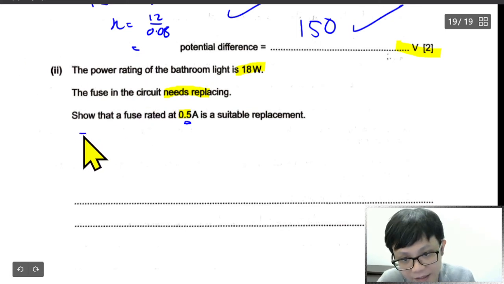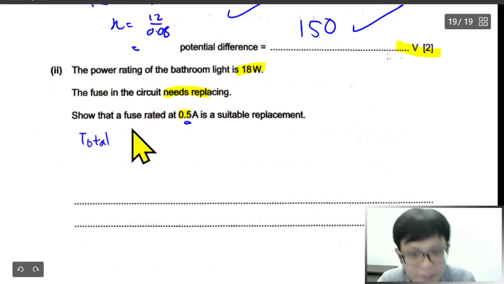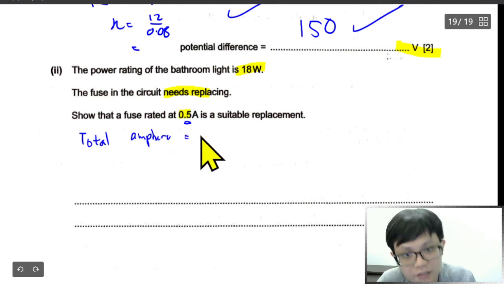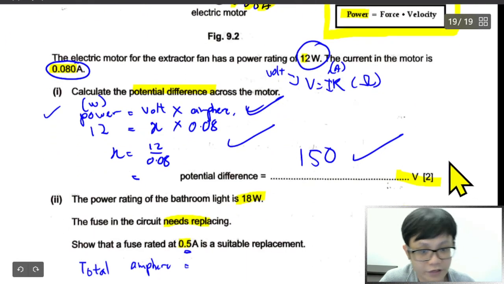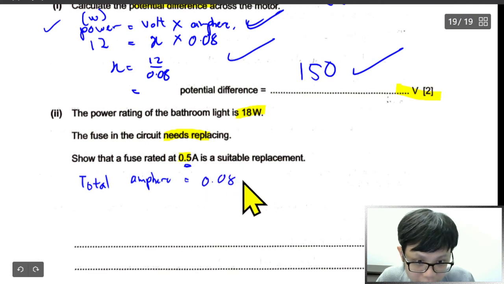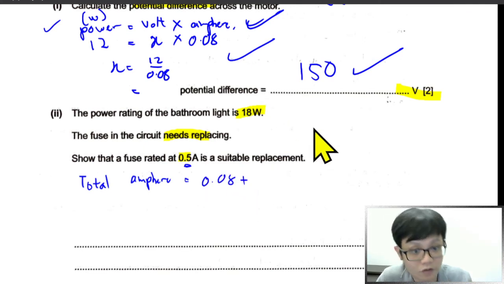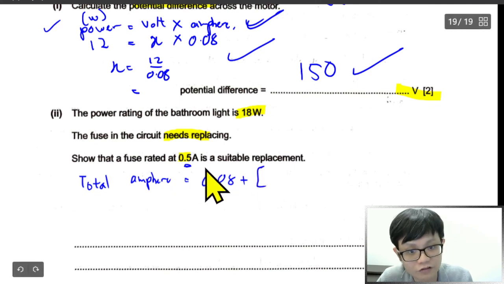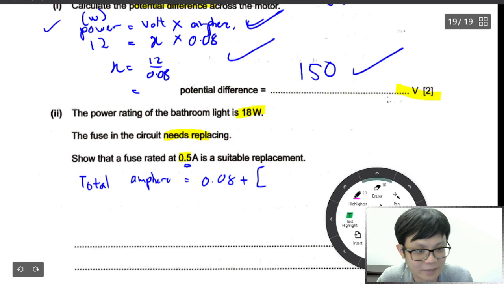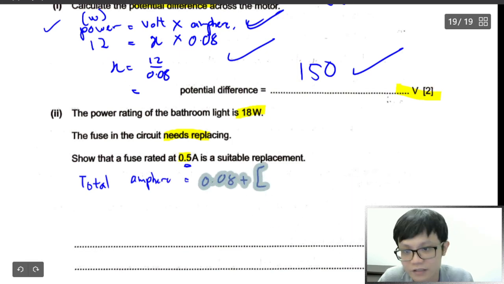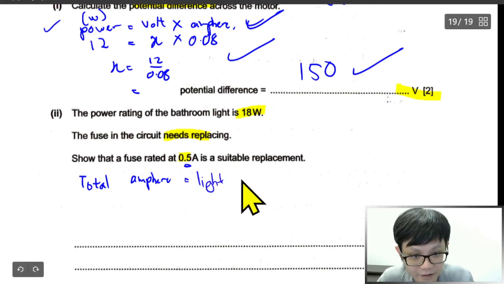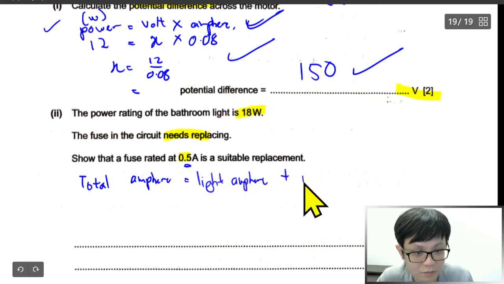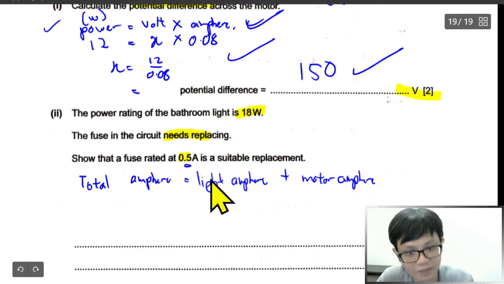Maybe I will write something like total ampere equals to light ampere plus motor ampere. Because this is an exam, let me write in exam format so that I get the mark.